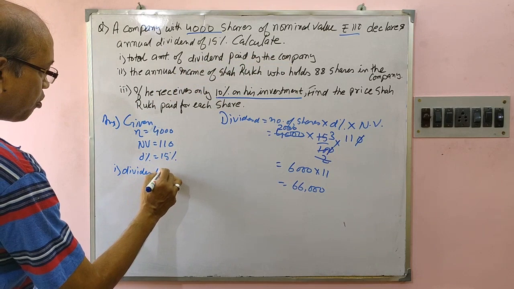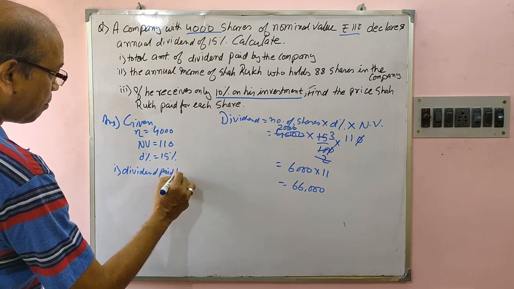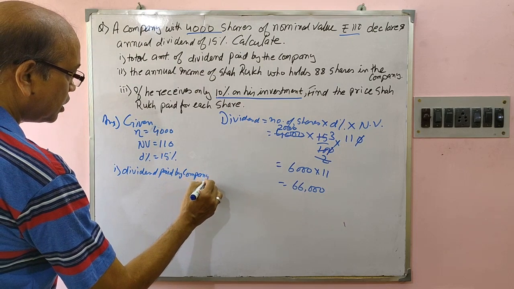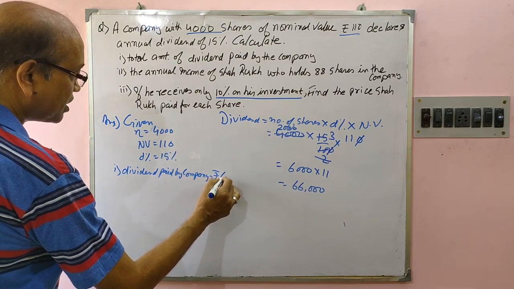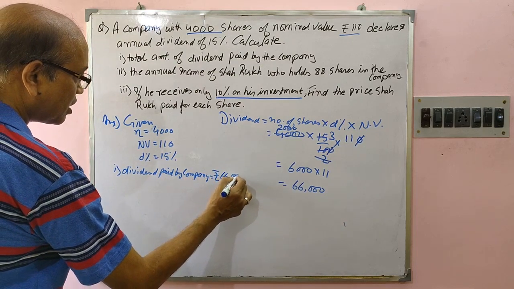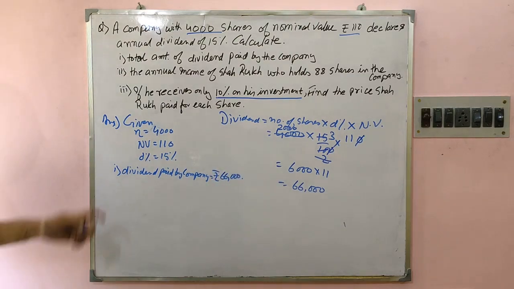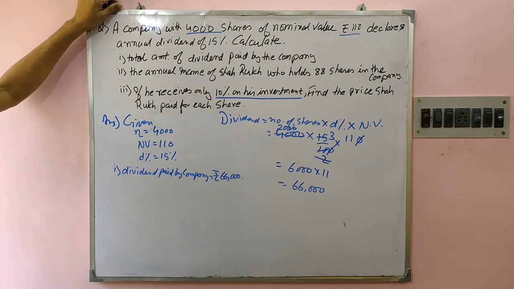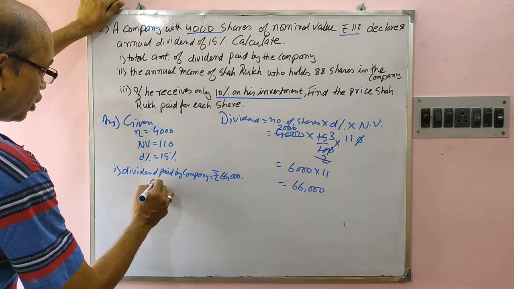Dividend paid by company is rupees 66,000. What is the second part? The second part is for Shahrukh.